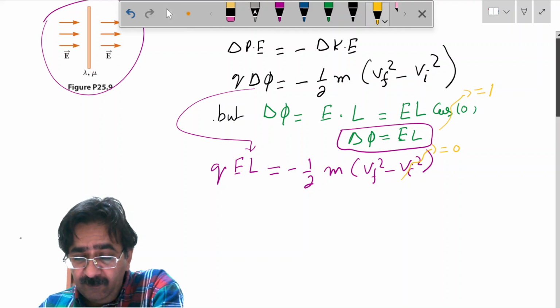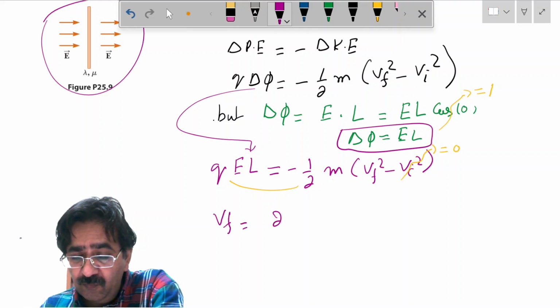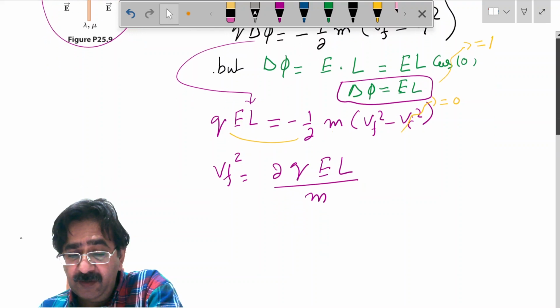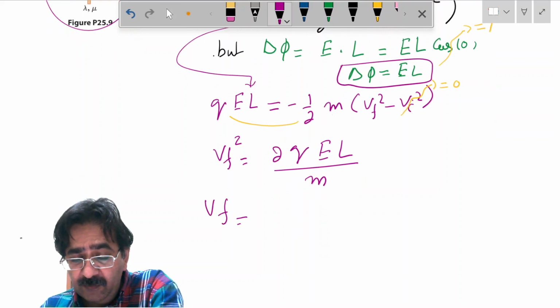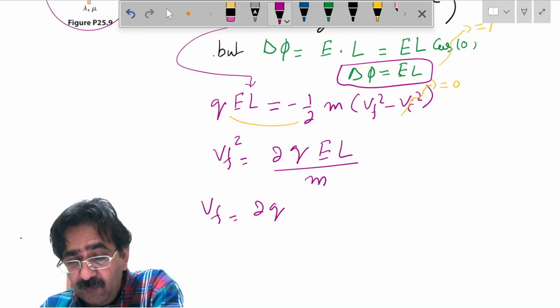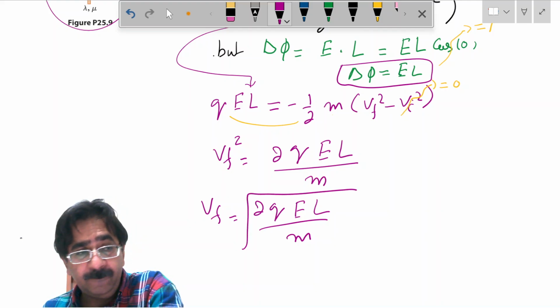So if we move to here, from this equation you will have VF squared equal to 2QEL divided by M, and VF will be equal to the square root of 2QEL divided by M.